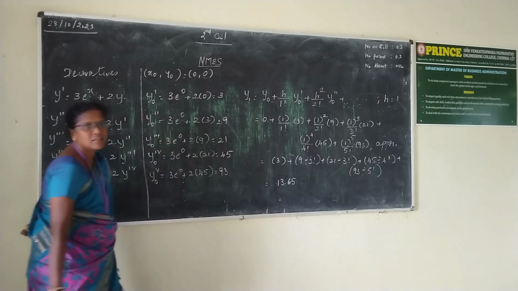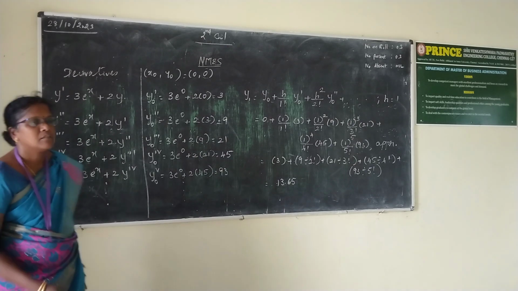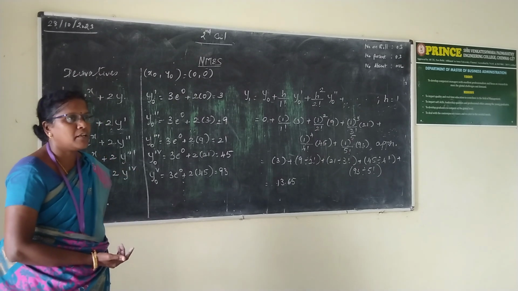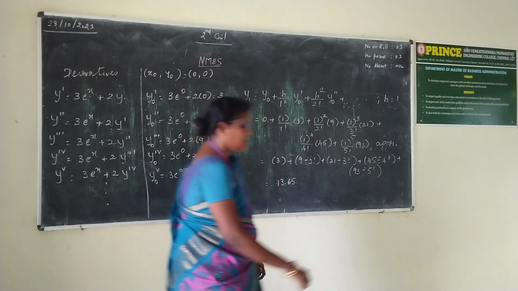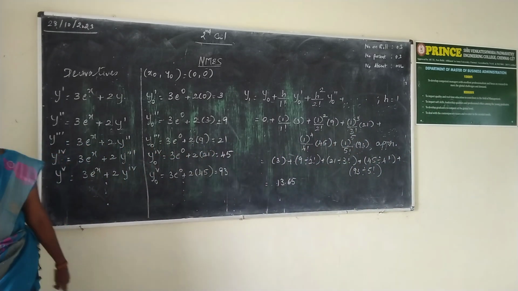No other decimal places. 30.65, correct. Okay, got the answer for y1, everyone?